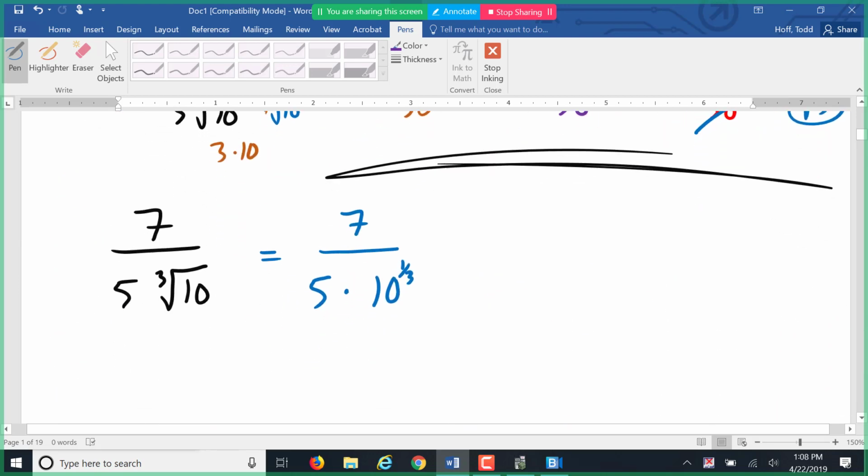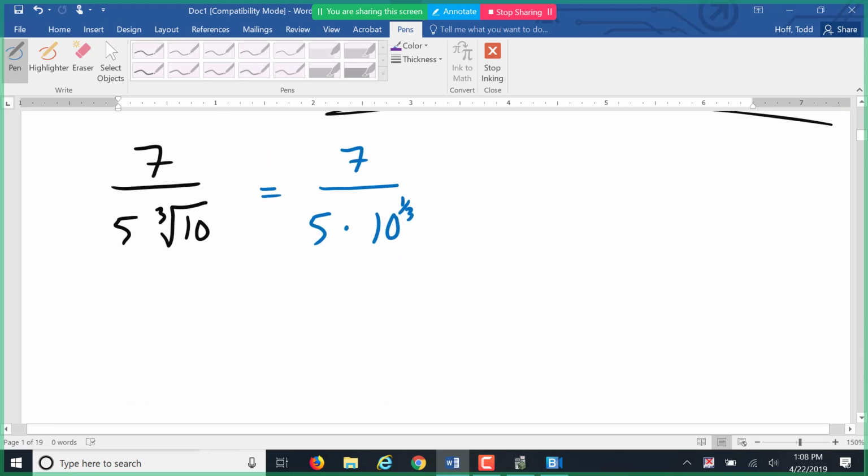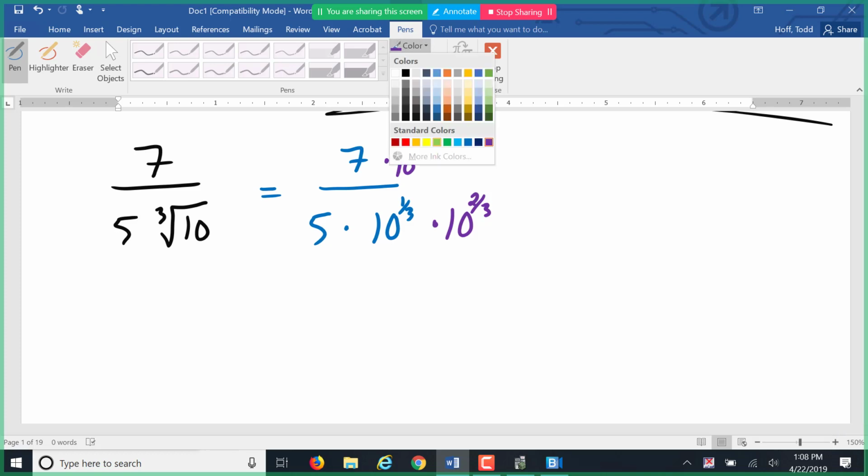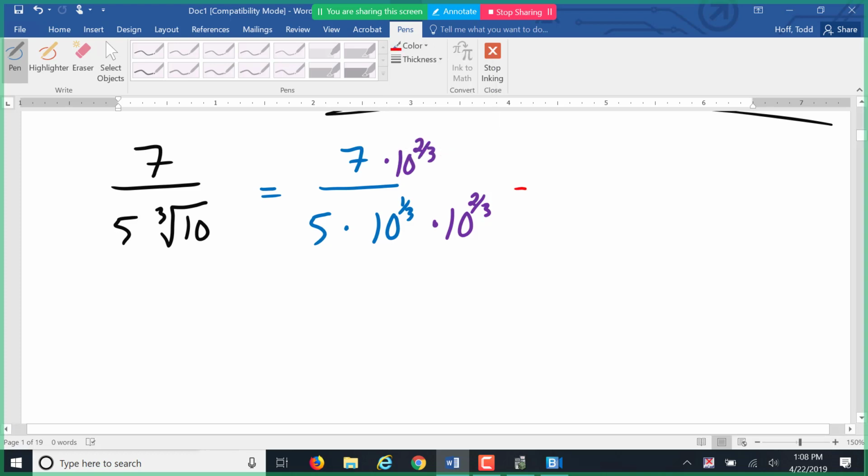Well, down here, since this is 10 to the 1/3, if I want those powers to add up to 1, I can't multiply by another 10 to the 1/3. I have to multiply by 10 to the 2/3. So now on top, 10 to the 2/3 is the 3rd root of 10 squared.